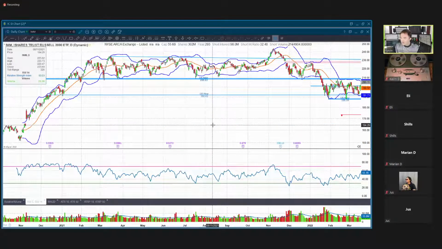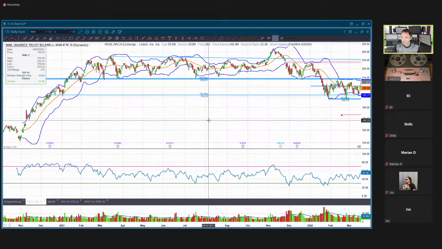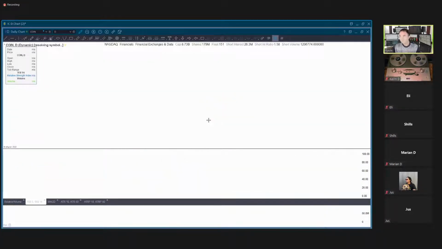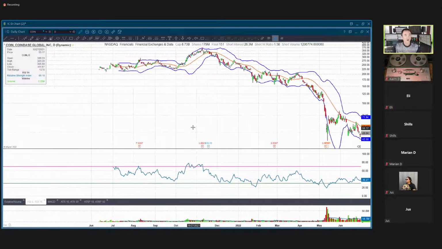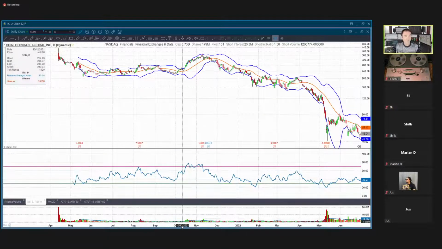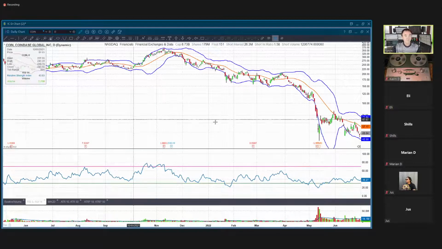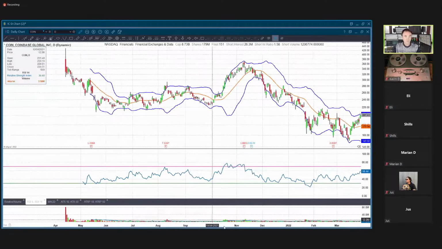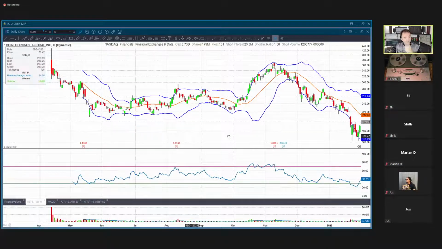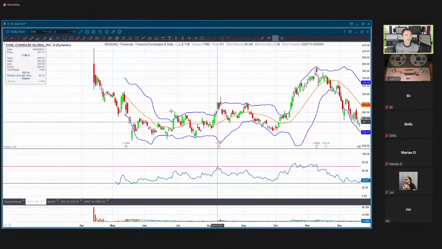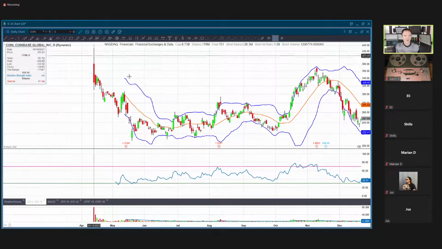Let's look at COIN. This one we're going to look at October of the previous year. Yeah, here we go. So you can see that COIN IPO'd.